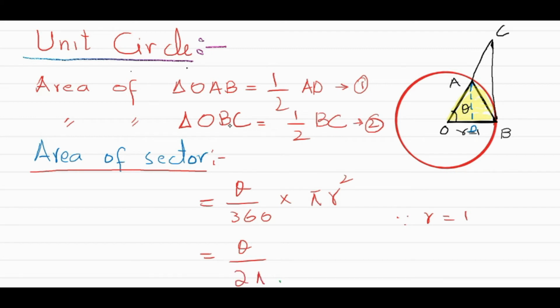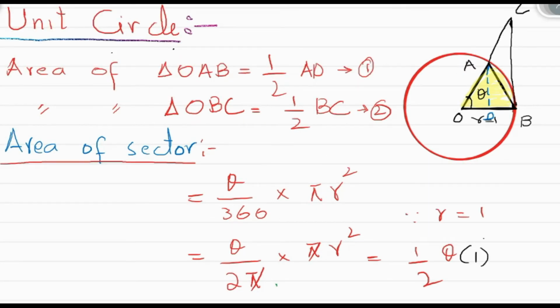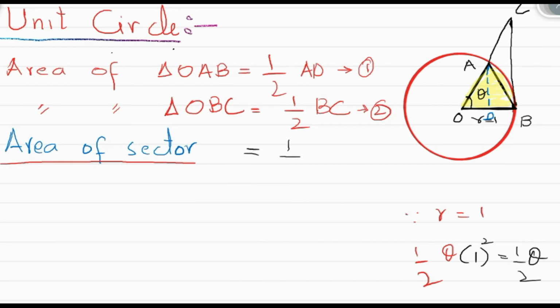In radians, 360 equals 2 pi radians. So I multiply it by pi r square, and pi cancels out with pi. What I am left with is half theta times r square, and as r is 1, half theta is the area of the sector. Again I label the area of the sector as equation 3.